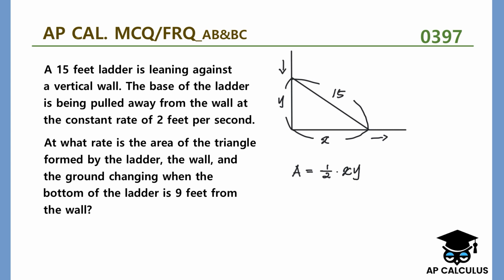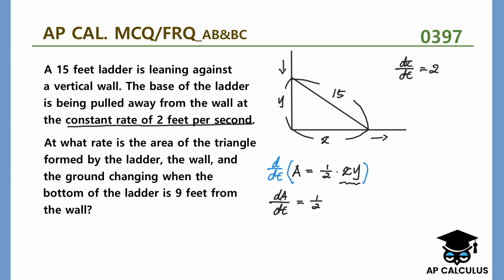And remember, it was given that dx over dt is equal to 2, right? A constant rate of 2 feet per second right here. Okay, let's differentiate this equation with respect to time t. So dA over dt is equal to, leave the constant alone, and we're going to have to apply the product rule to find the derivative of this, right?